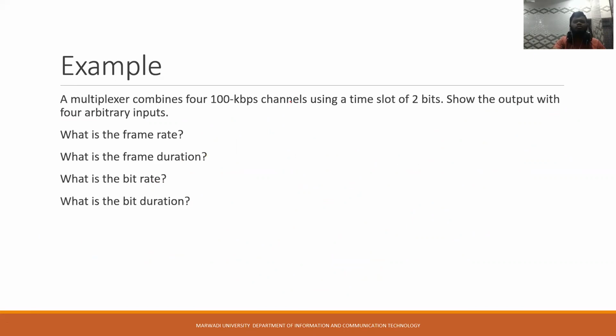So here in this example, we are having something different. A multiplexer combines 4 100 kbps channels using a time slot of 2 bits. Show the output. So we are having something like this.